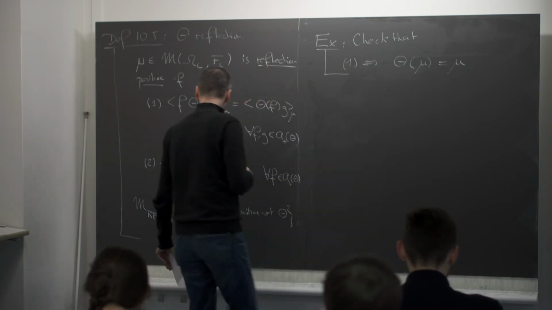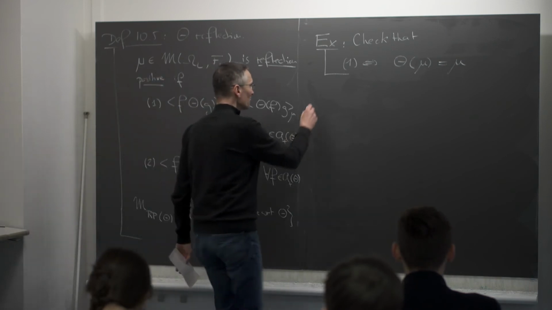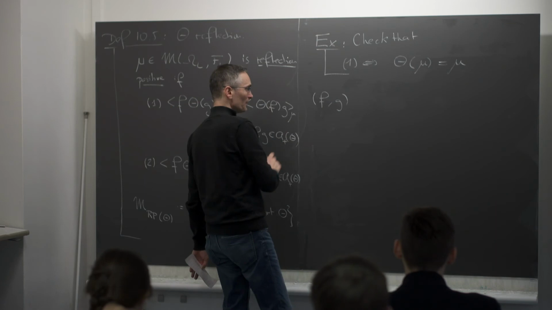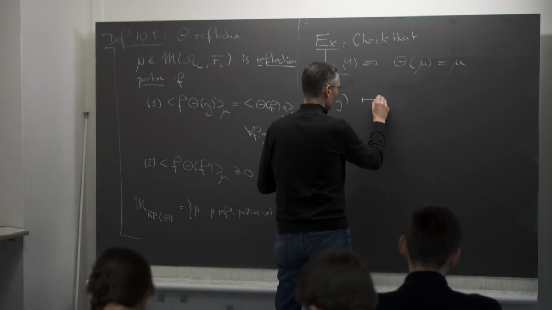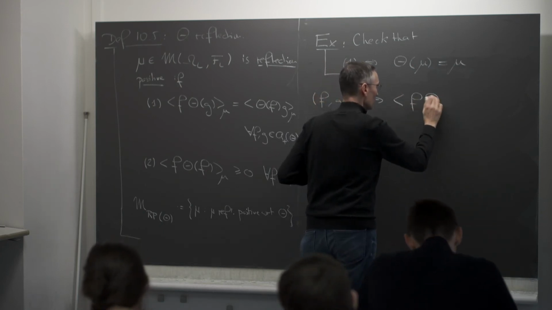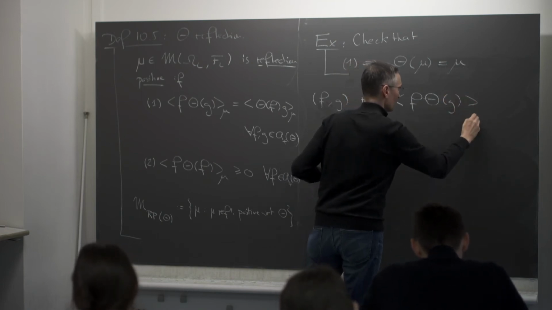Okay, so now the main observation, so why is it useful to have these two properties? Well, one way to see that is if I take a couple of functions f, g in A plus of theta, then I can map them to this expectation of f theta g with respect to mu.